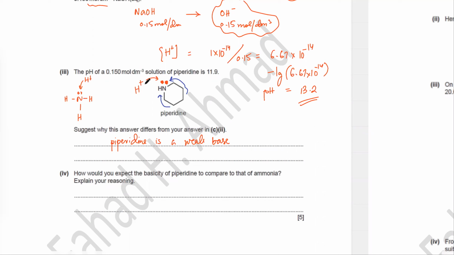So there's going to be more attraction for H+ ions. So it's going to be a stronger base compared to ammonia. This is the explanation that you're going to write: alkyl chains have an electron donating effect. Lone pair charge density increases.